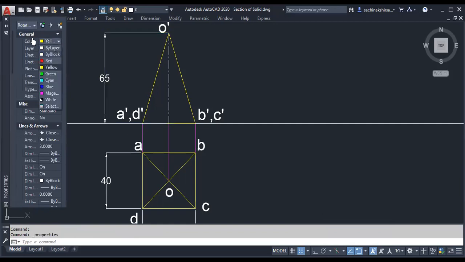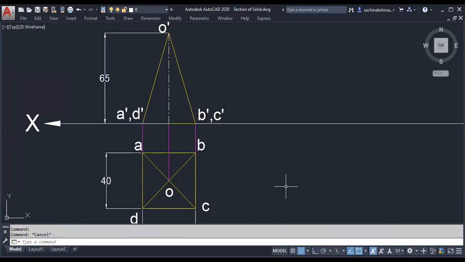So this is a simple position of the pyramid. Up to this, is it okay? Only a simple step. It is placed such that two of its base edges are perpendicular to whom? VP. And the position will be as simple as this.